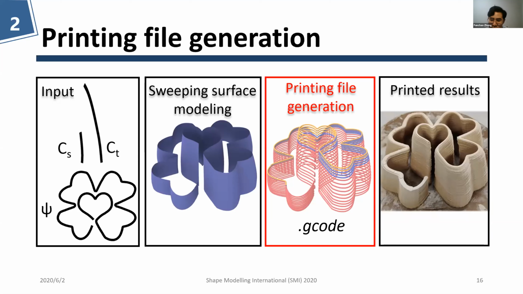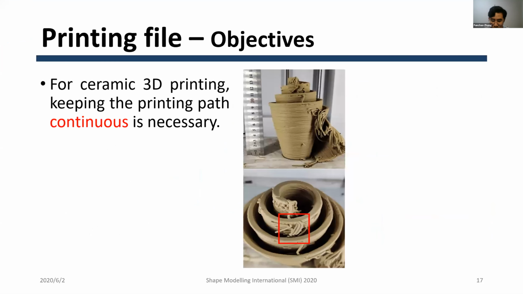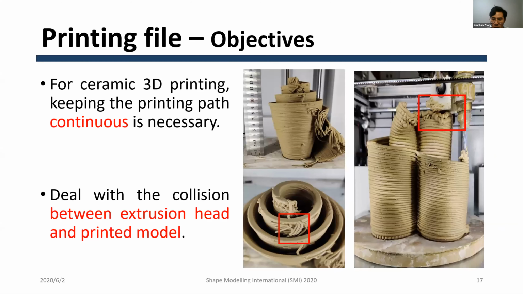In the next stage, we generate a G-code file that records the printing path and the amount of extrusion. First of all, we should pay attention to 2 things. The first is to keep the printing path continuous. And the second is to deal with the possible collision between the extrusion head and the printed model.